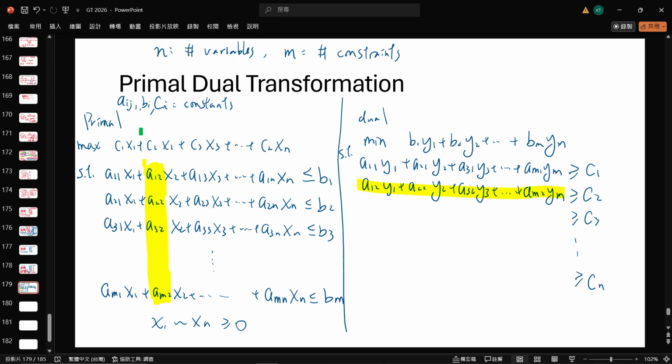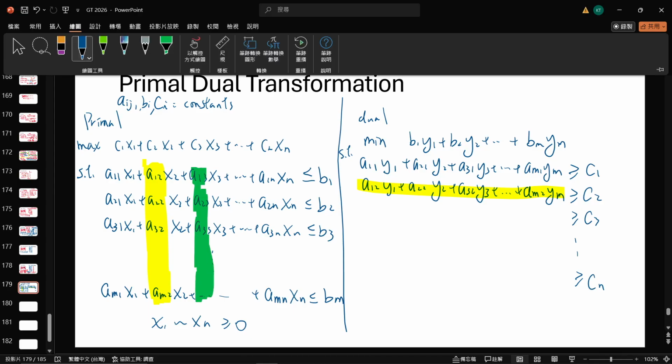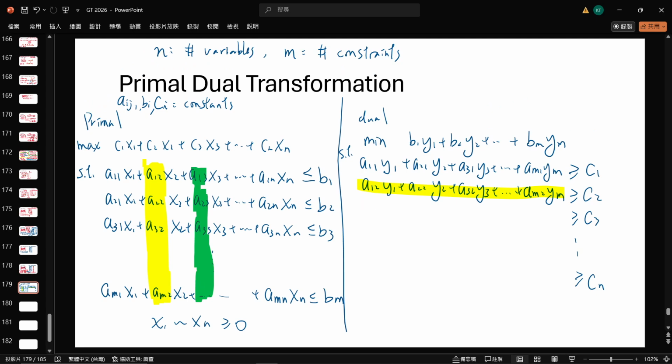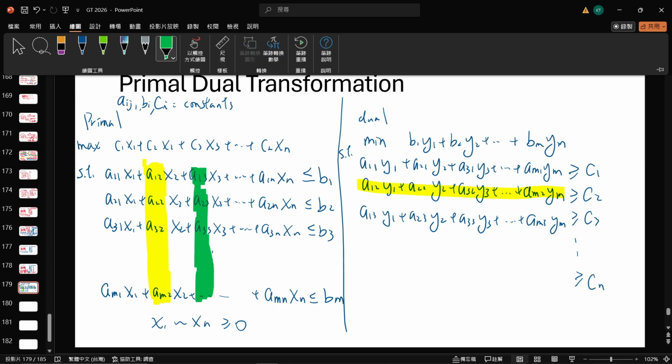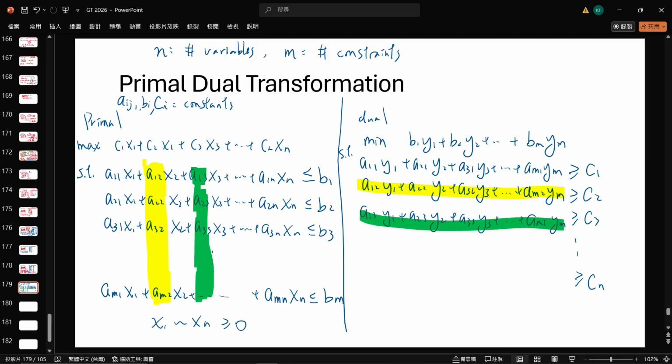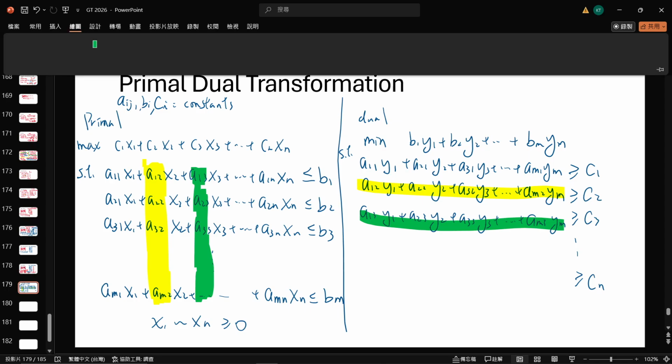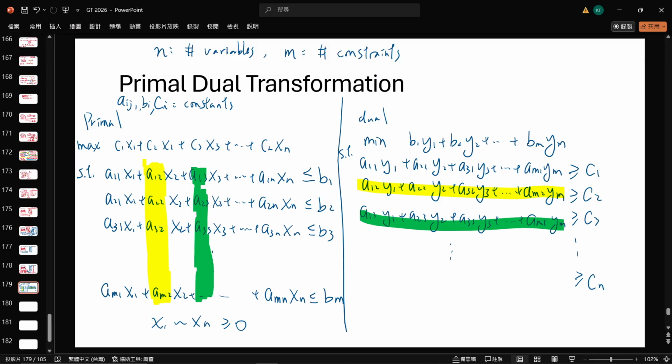Okay, the third one. Okay, so the last one.